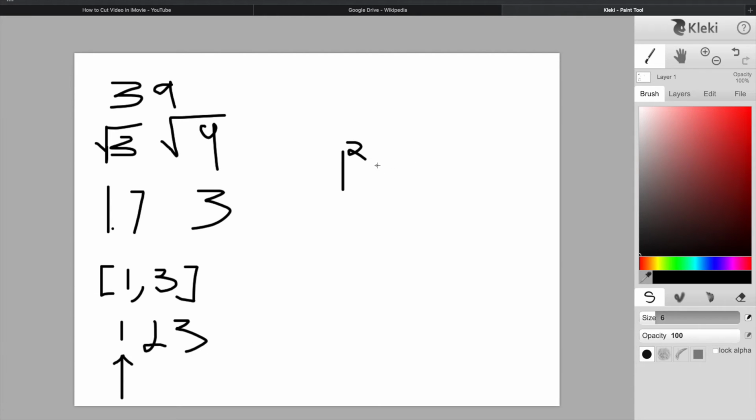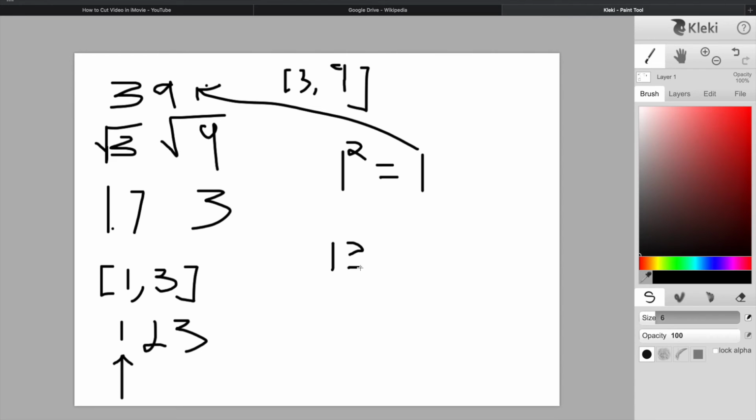The square of 1 is 1. Now we want to check if this 1 falls into our original interval, which was 3, 9. 1 is obviously not in this interval, but the way we could apply this in code is to check if this 1 is bigger or equal to the start of the interval, which is 3 in this case.